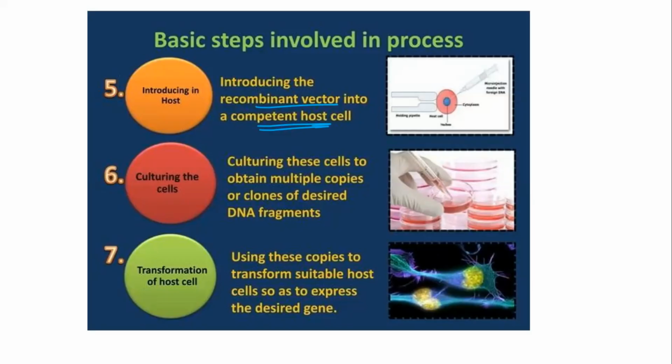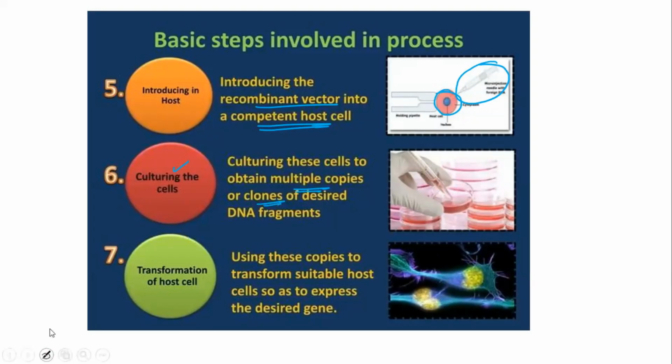So we will be introducing the recombinant vector into the host cell. Then we'll be culturing the cells, if it is bacterial cells, to obtain multiple copies or clones of the desired DNA fragments.